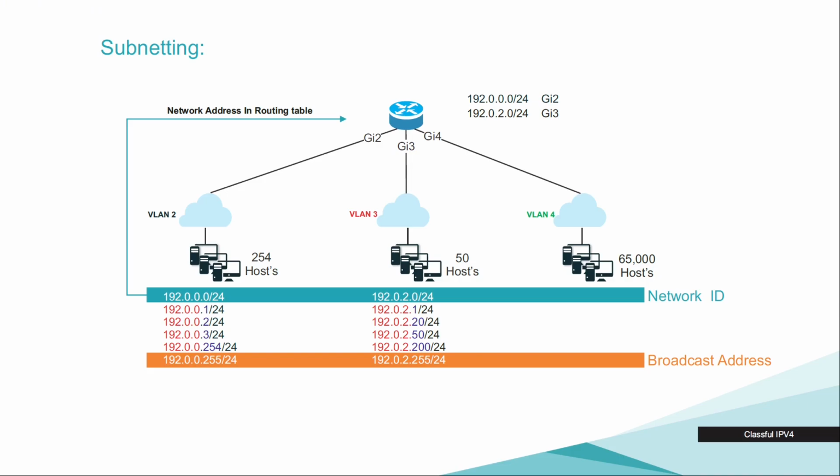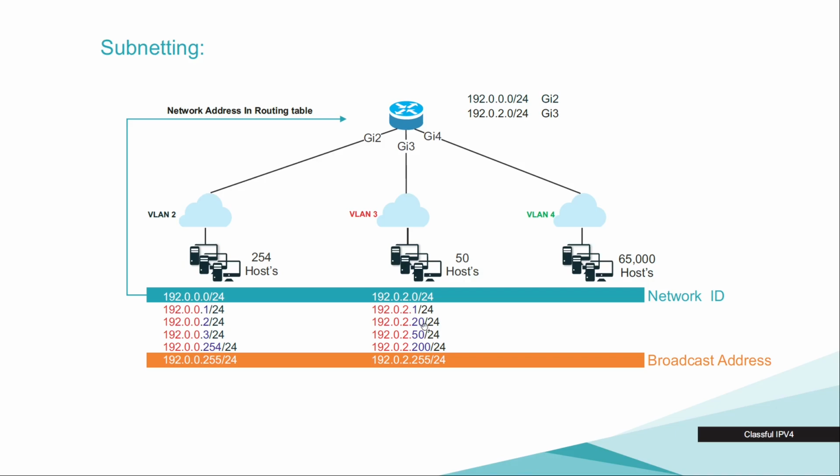For VLAN 3, we're gonna use also a subnetwork from Class C. Also, it doesn't matter any subnetwork. In our example, we use the subnetwork 192.0.2.0/24. The first IP address will be 192.0.2.0. This will be the network ID, and then for our devices, we can use any IP addresses in that range.